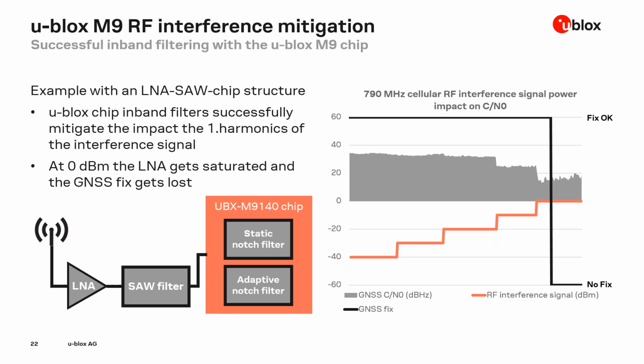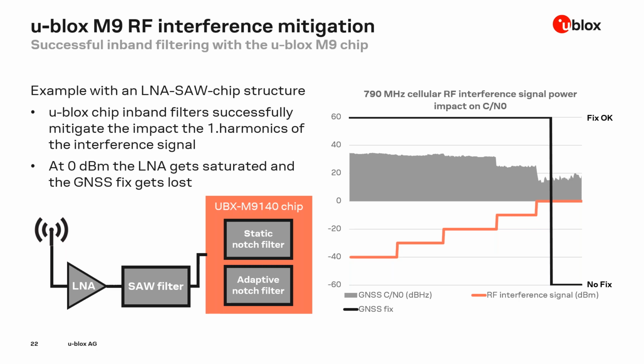Then if we look at the step from minus 20 dBm to 0, there's one step and you see a degradation of the signal to noise ratio. This means the steps before, the chip could mitigate it. So there's no impact on the GNSS performance for the first steps. Then this step influences the signal to noise ratio badly.